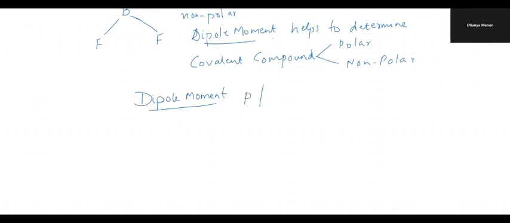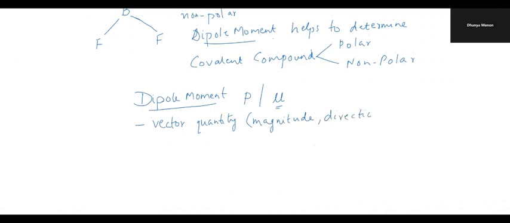Okay, most of the books use this mu. And mu, dipole moment, is a vector quantity. Dipole moment is a vector quantity. I'm sure you must be knowing what's a vector quantity. Those that have both magnitude and direction.